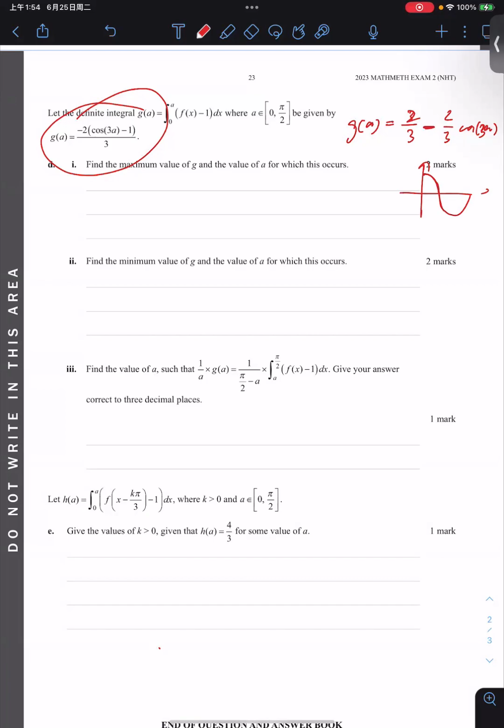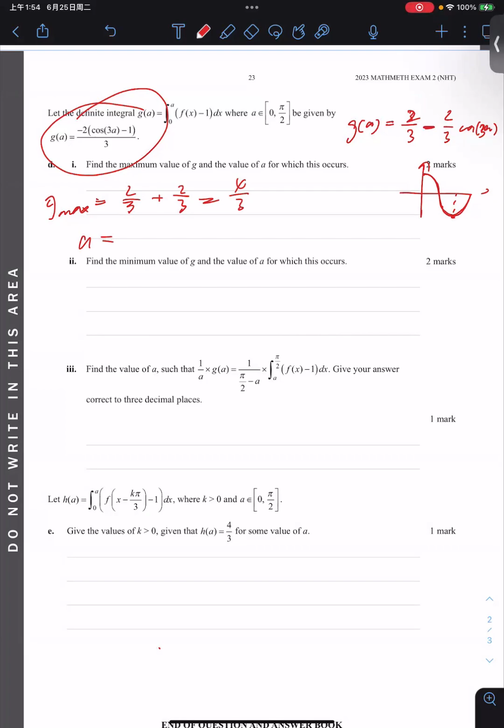When you have your minimum value here, you can achieve negative 1. So the maximum of g is 2 over 3 plus 2 over 3, which is 4 over 3. And it occurs when 3a is equal to pi.